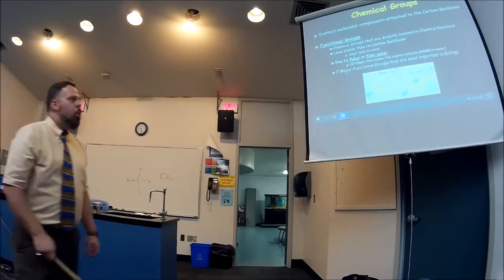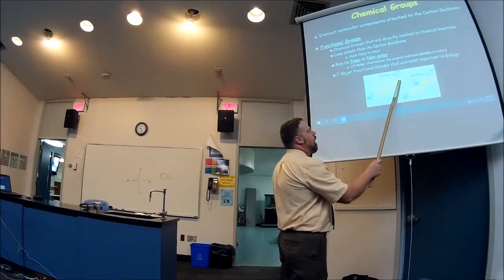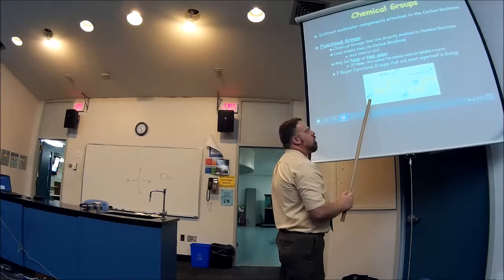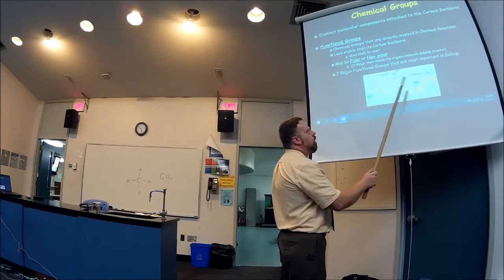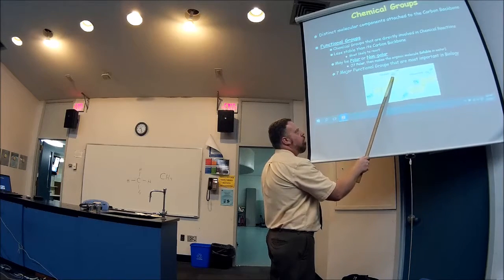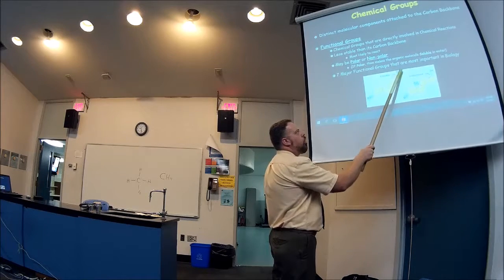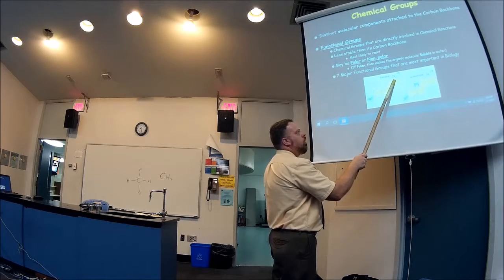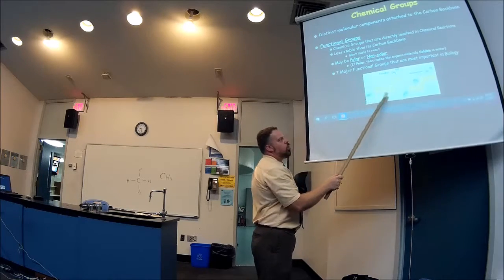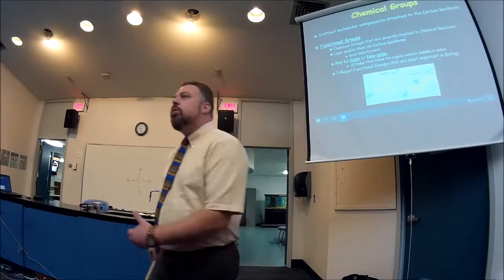But there are things that come off of this skeleton, these little functional groups, and that's what is going to define whether this is estrogen or testosterone. Some functional groups are the same. There's one we'll get into, an alcohol, a methyl group over here, this over here, and one under here. These are the same, but there are functional groups that are different between them, and that's going to act differently.